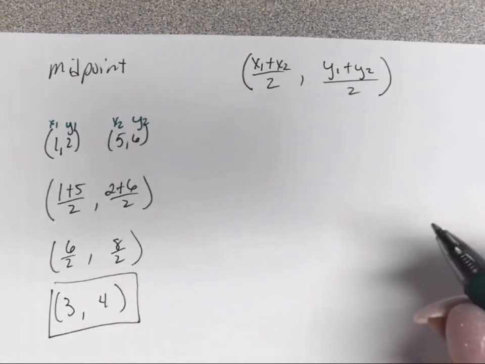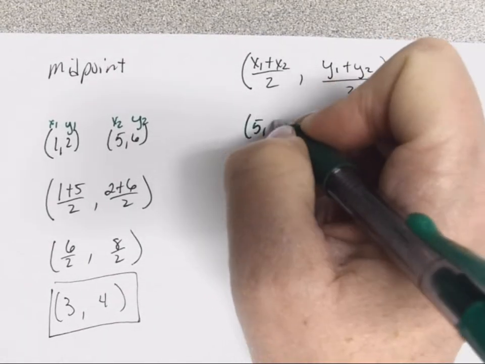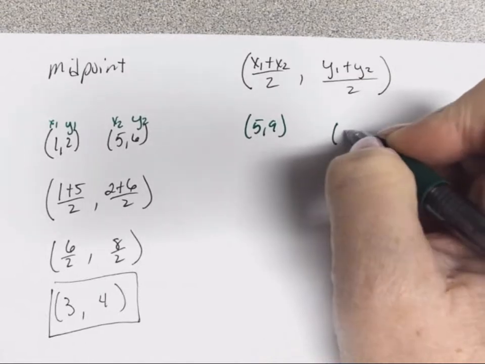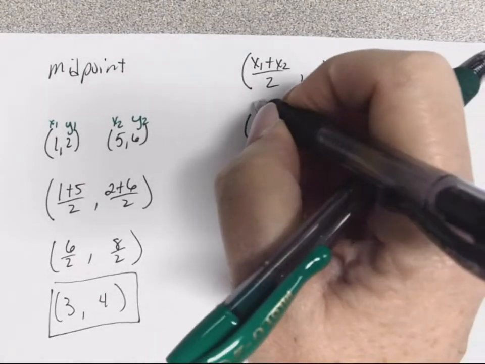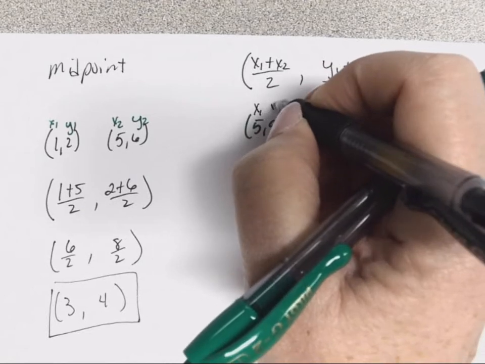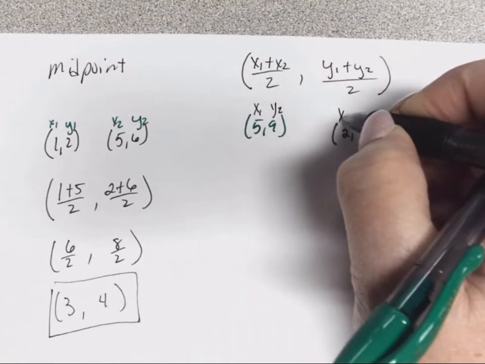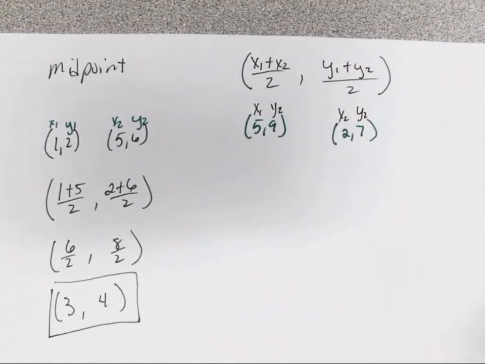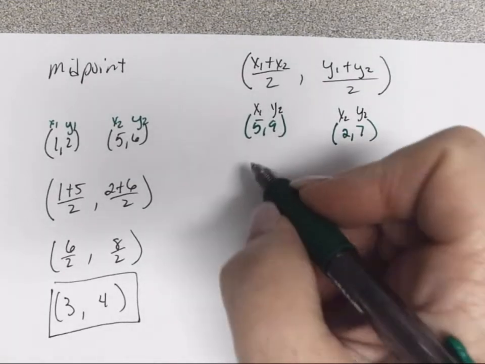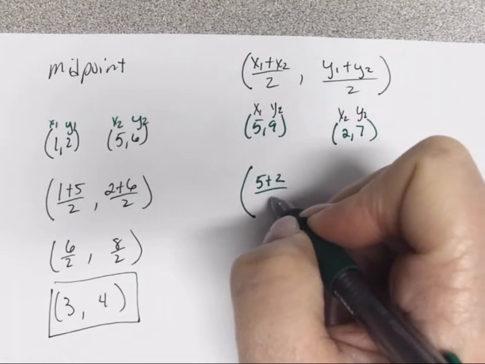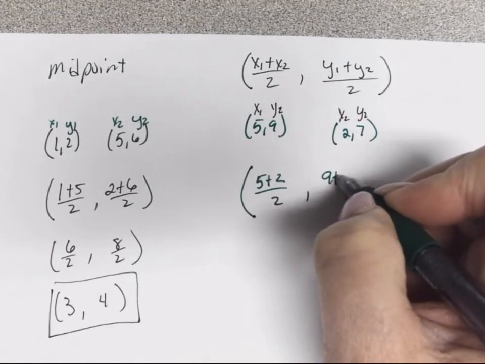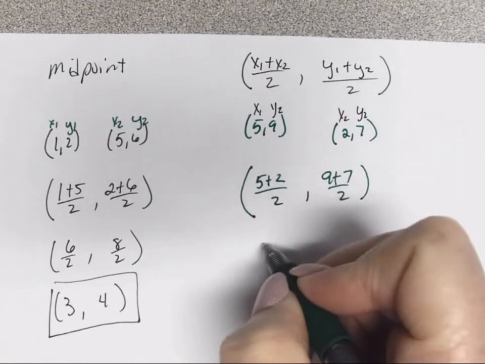All right, let's do another set. We have (5, 9) and we have (2, 7). Again, I'm going to label. So x sub 1, y sub 1, x sub 2, y sub 2. So we have 5 plus 2 over 2, 9 plus 7 over 2.